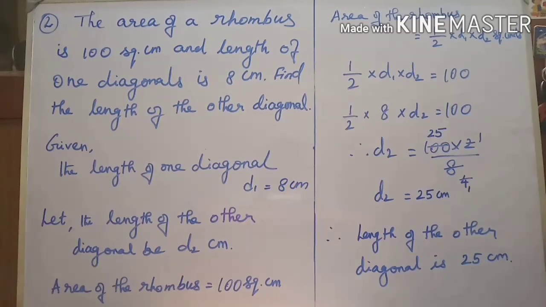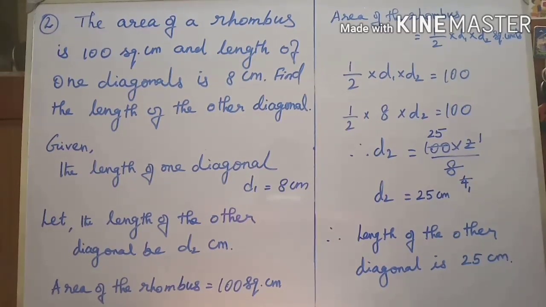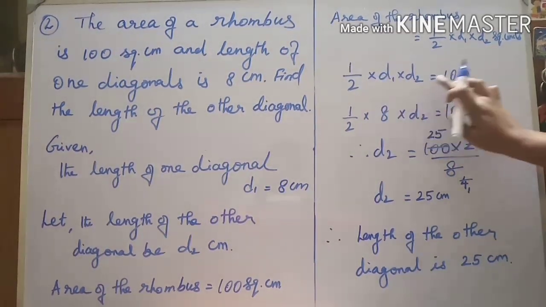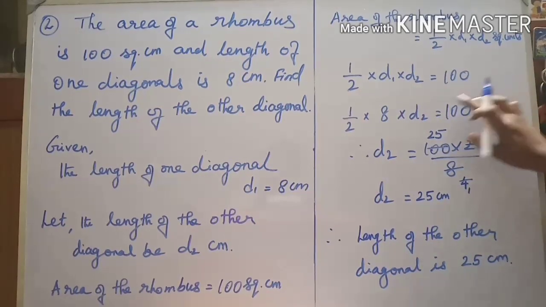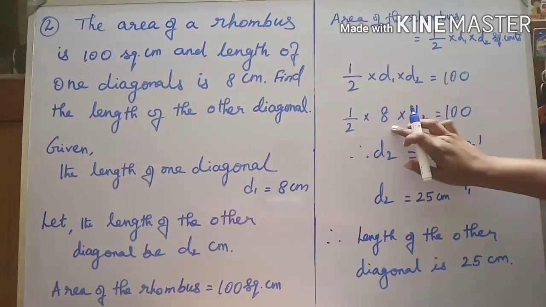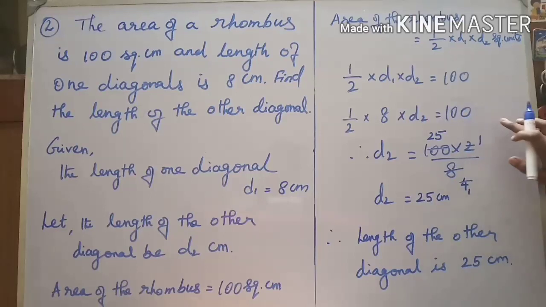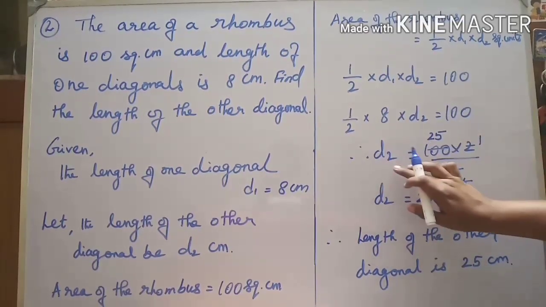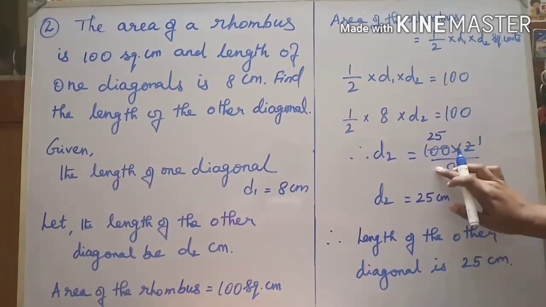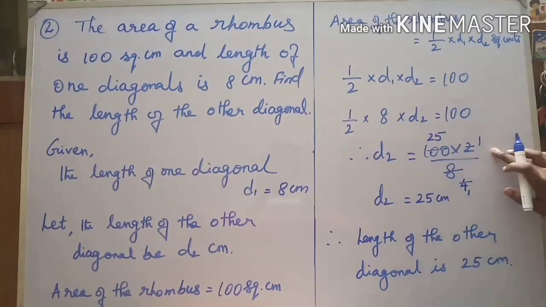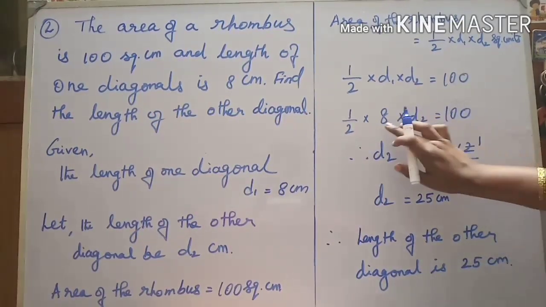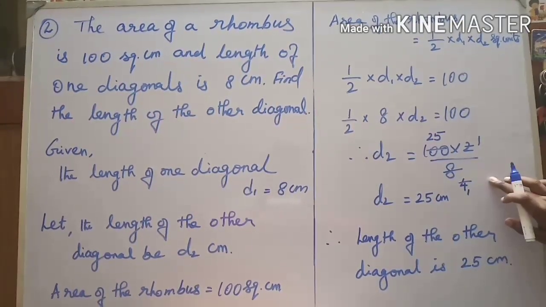Again, I will explain one more time. Listen here. Area of rhombus, half into D1 into D2 is equal to 100. Half into the value of D1 is 8 into D2 equal to 100. Therefore, D2 is equal to 100 into, this denominator 2 will come over here in the numerator, and this numerator 8 will come over here in the denominator.